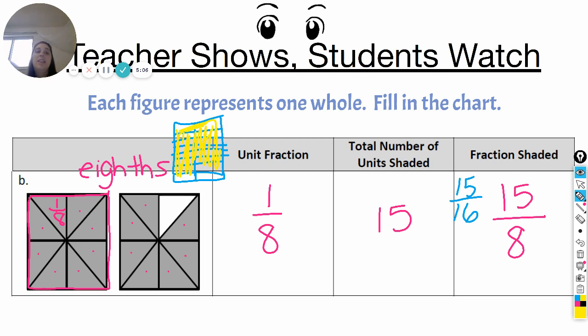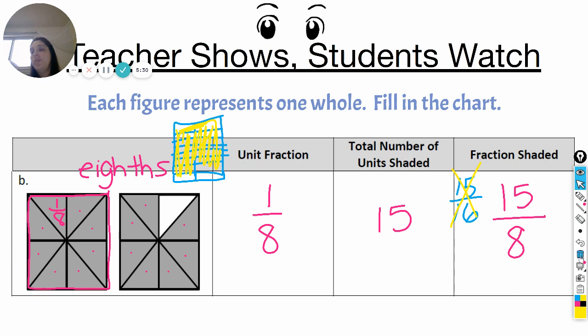Okay. And this is not the picture that we have. We don't have 15 pieces shaded out of 16. So this is not correct. We have 15 pieces shaded, and each shape is broken into 8 pieces. So that's why we write it 15 over 8, or 15/8. Okay, and that'll become a little more familiar as we practice.